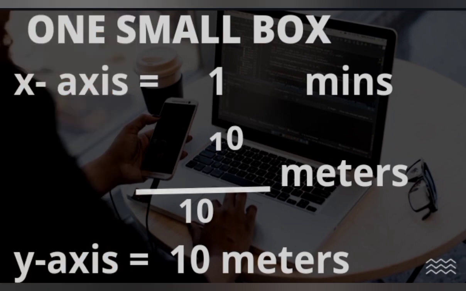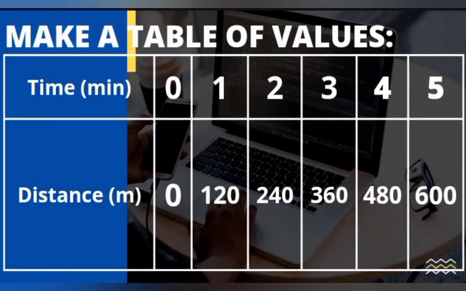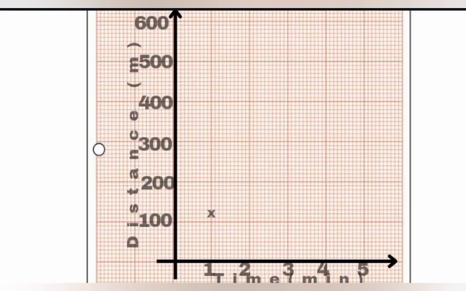So having this in mind, you can go on to plot our graph, but like I said, you need to look at your table of values. This is where you have the information on what to plot. So you can go forward looking at the graph. Remember, the first point is that for 1 minute, Chukwudi walked a distance of 120 meters. So minute is on the x-axis.